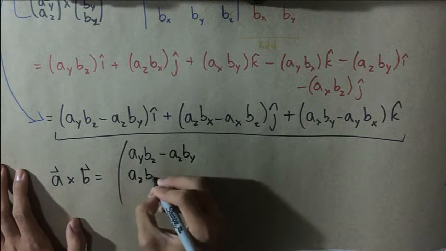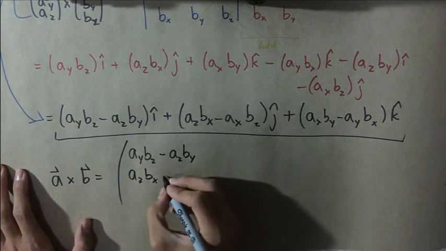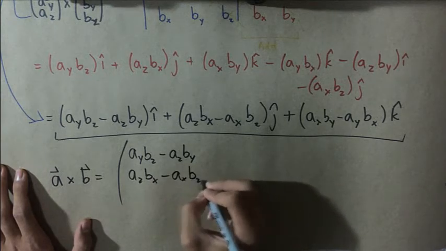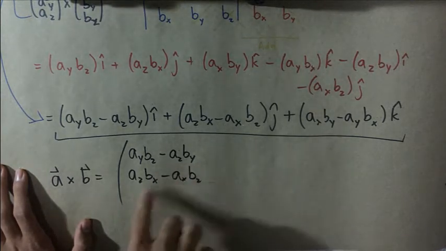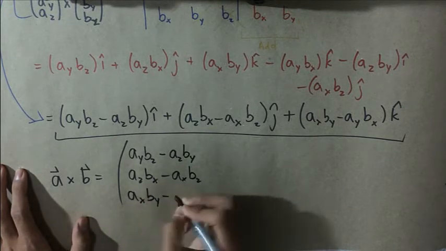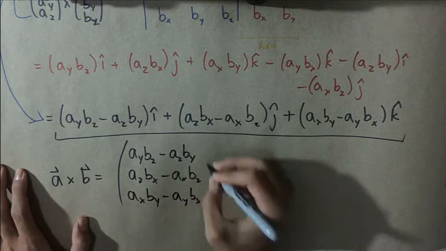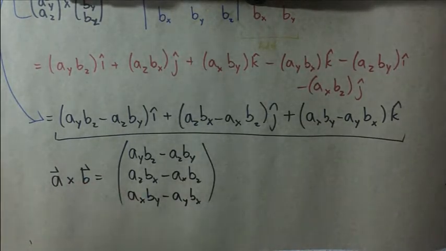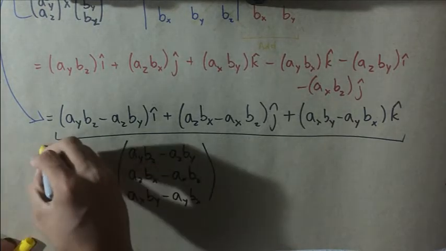Then AZ, BX, Z component of A, X component of B, minus the X component of A, Z component of B, that's going to be the Y component of the resultant vector, and then AX, BY minus AY, BX. And that right there is the cross product.